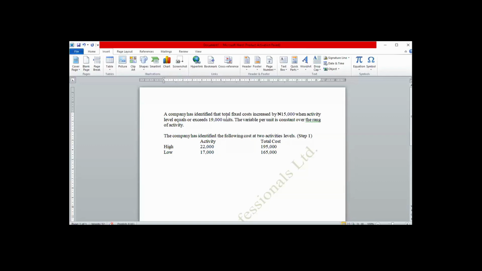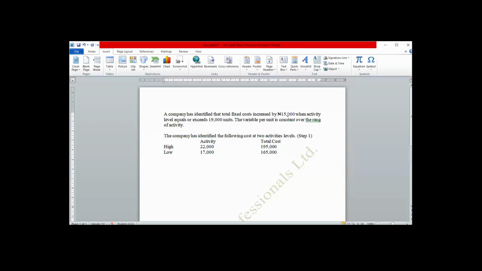A company has identified that fixed cost increased by 15,000 when the range of activity equals or exceeds 19,000. There is going to be an increase in fixed cost. That is what they are telling you. It simply means there is what we call step cost. When the activity level increases, then the fixed cost is going to increase. That is what it means.